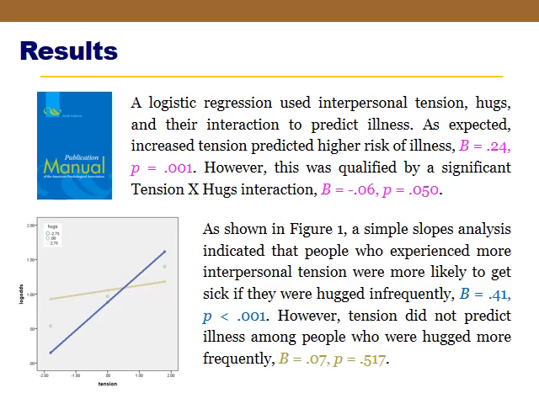When we do our simple slopes analysis, and our graph looks like this, people who got a lot of hugs did not show a significant relationship between stress and illness. But people who got few hugs, or even an average number, did show a significant positive relationship between stress and illness. So more days of stress predicted a higher likelihood of getting sick, but only for people who were relatively low in social support.